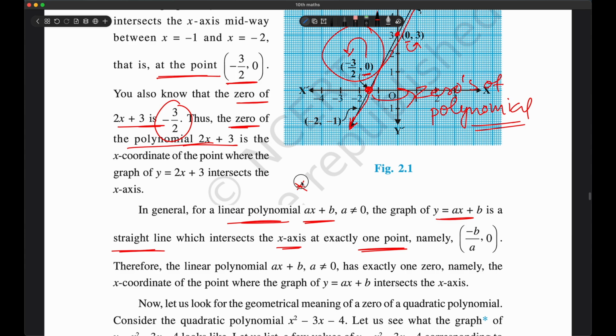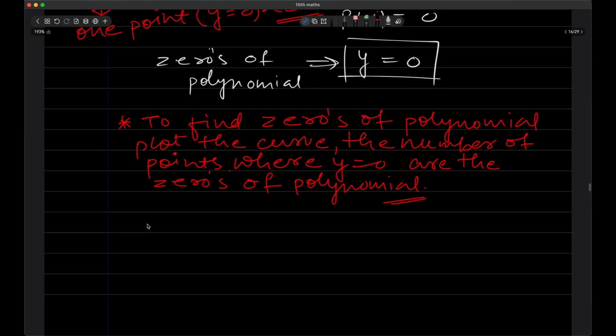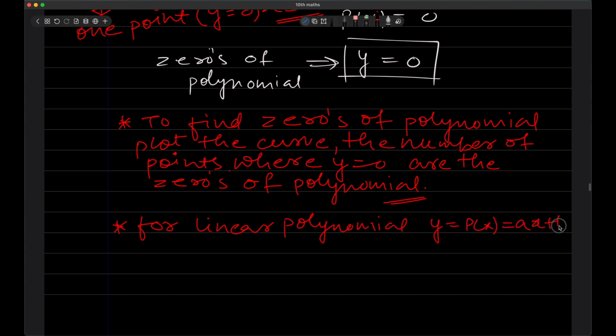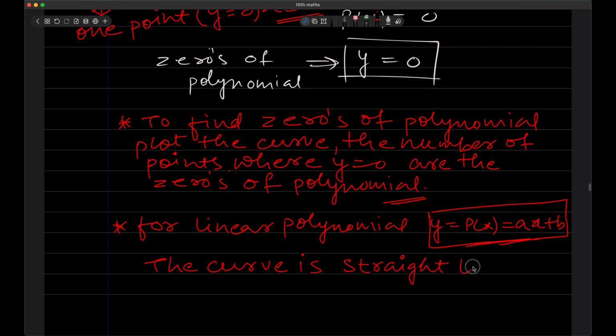That means we can write, for a linear polynomial, that is of the form y equals to p of x equals to ax plus b, the curve is a straight line and intersects the x-axis at only one point.